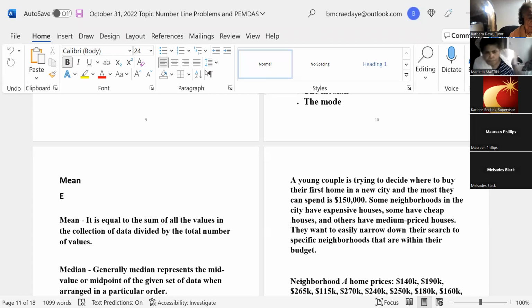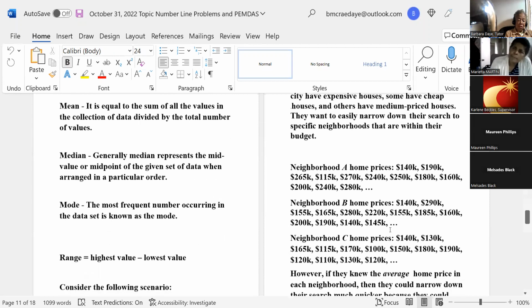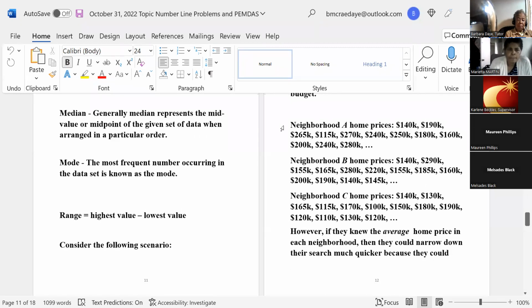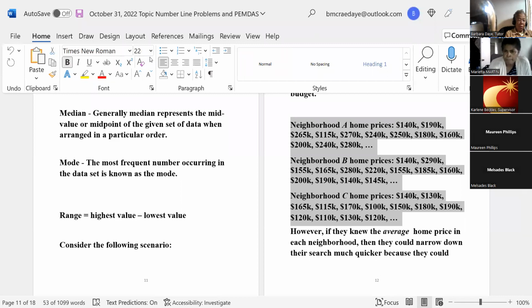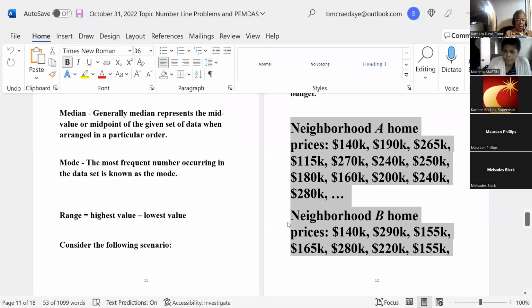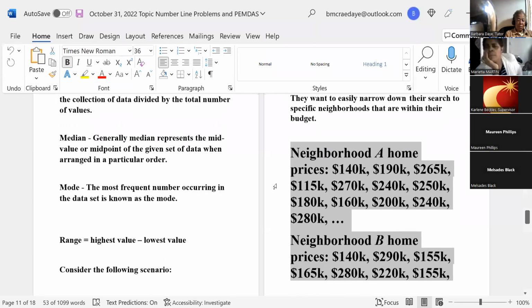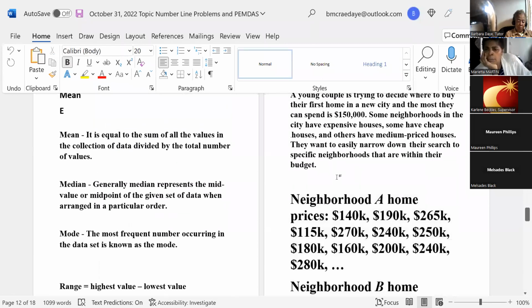So they look at the home prices in 3 different neighborhoods, and they take the average of those prices. Let's look over here on the right.